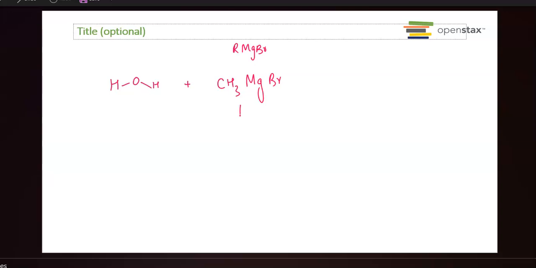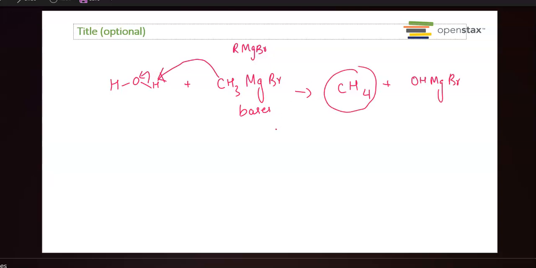Now, as I said, these are powerful bases. So with any proton source, anything that is even a weak acid like water, the carbon atom is my basic carbon. It takes up the proton, puts its electrons here, and you end up with CH4, methane, and then OHMg.